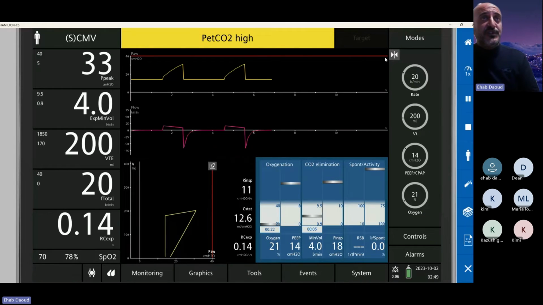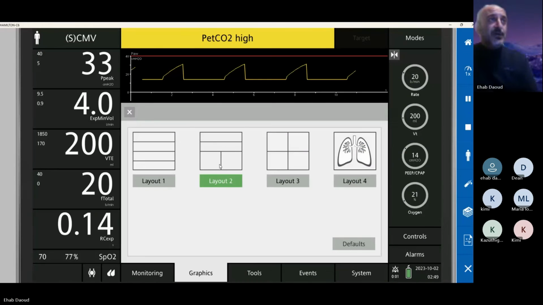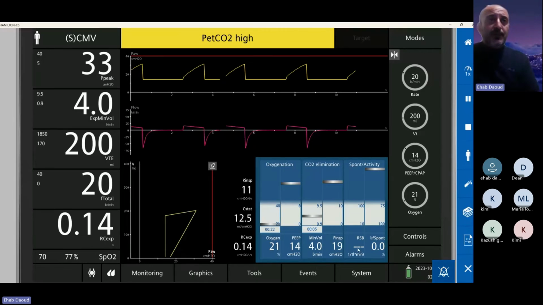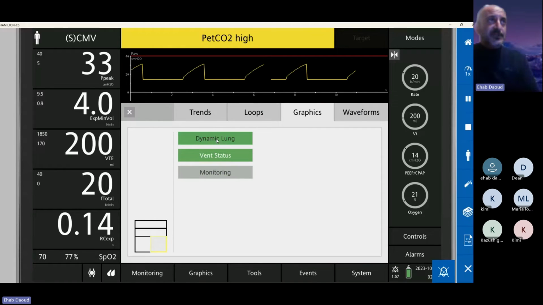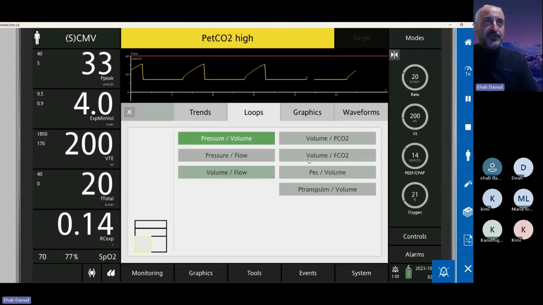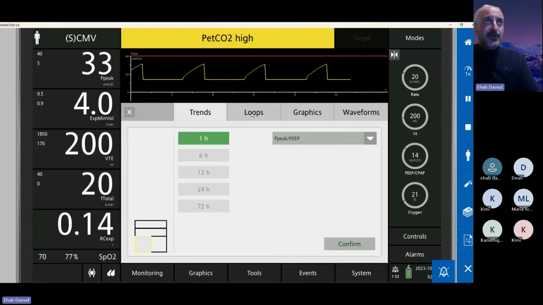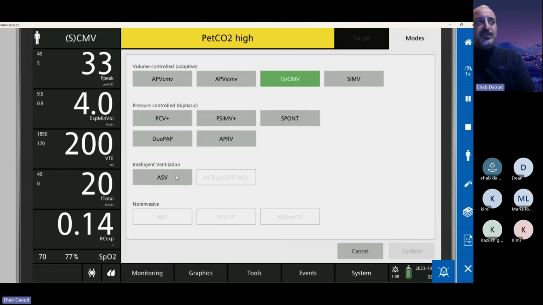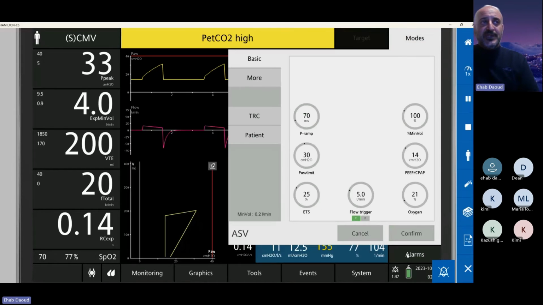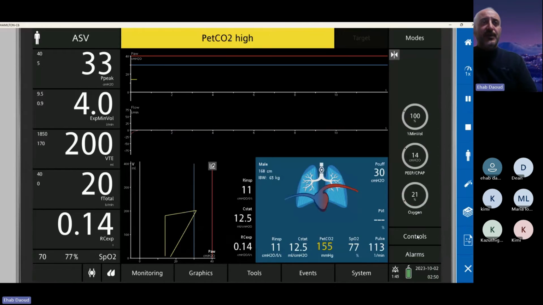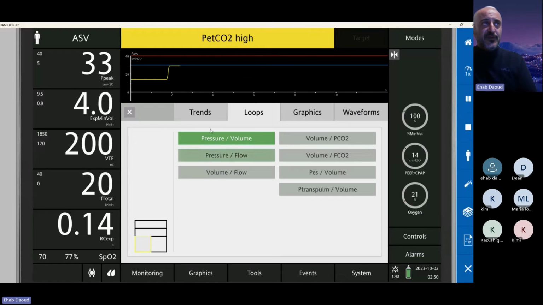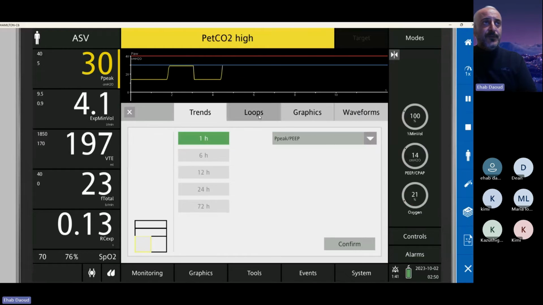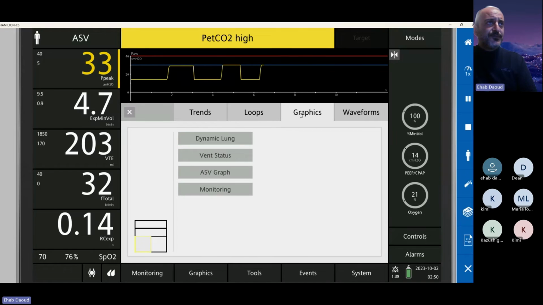All right, let's jump a little bit to adaptive modes. And with adaptive modes, of course, there is a lot to talk about. But let's see dynamic here, and let's get waveforms. Okay, so we'll switch this patient into ASV, which is one of the adaptive modes that I have available here on my ventilator.